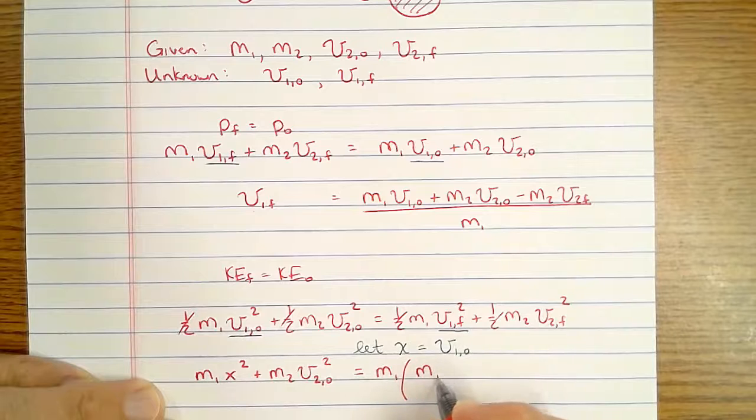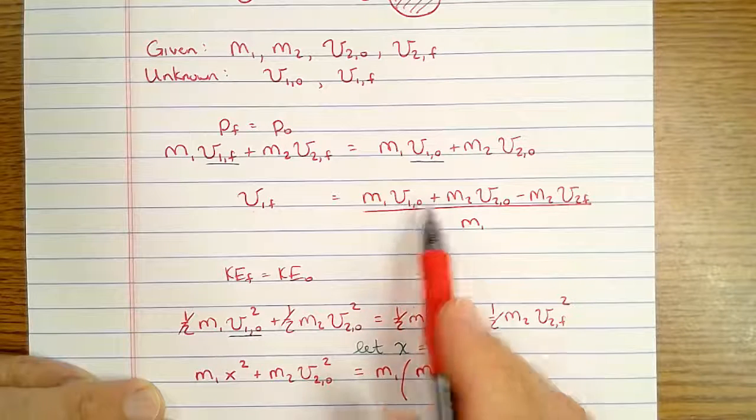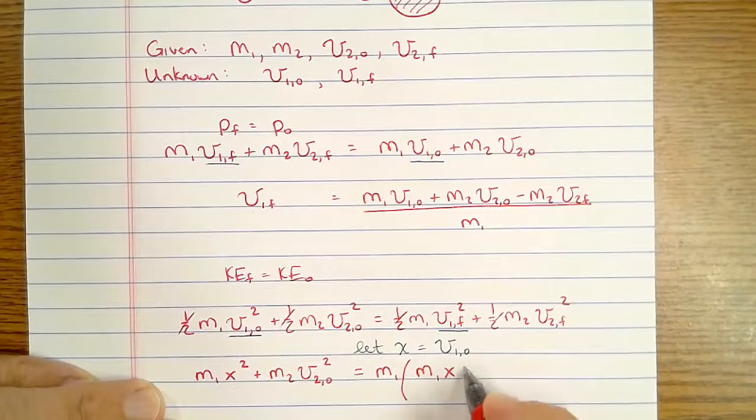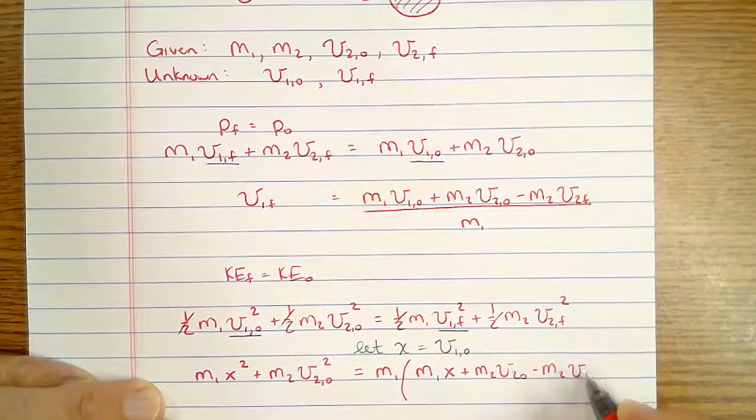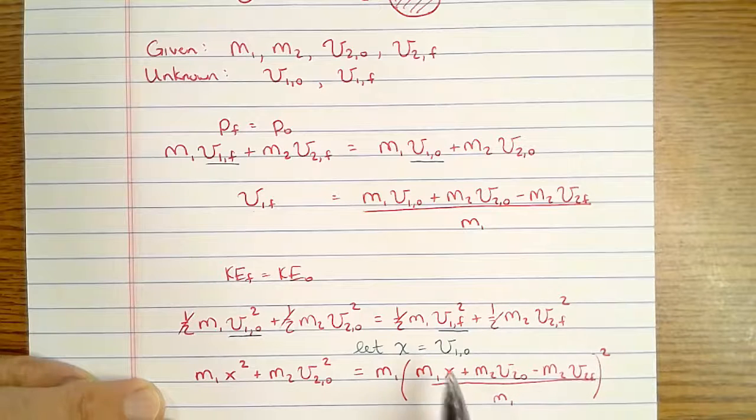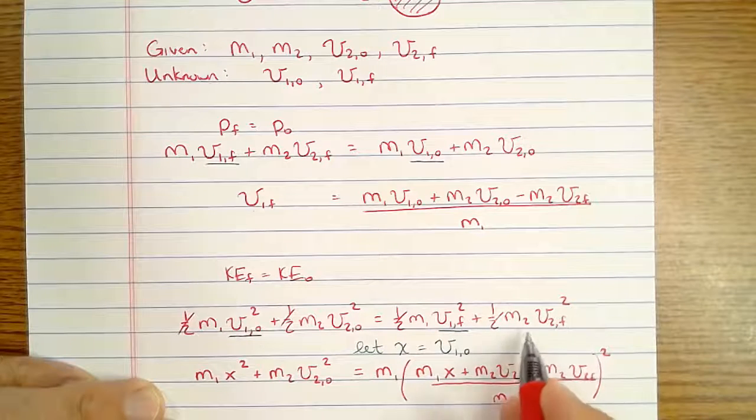So that's going to be M1 x plus M2 V2 initial minus M2 V2 final, all of that over M1, and it is squared. So that's this term. And then I'm also going to have this plus M2 V2 final squared.